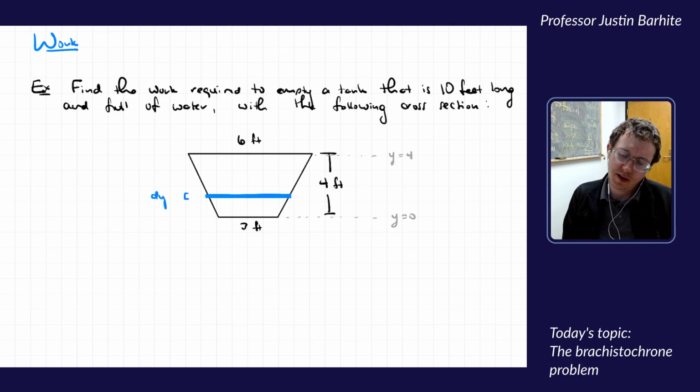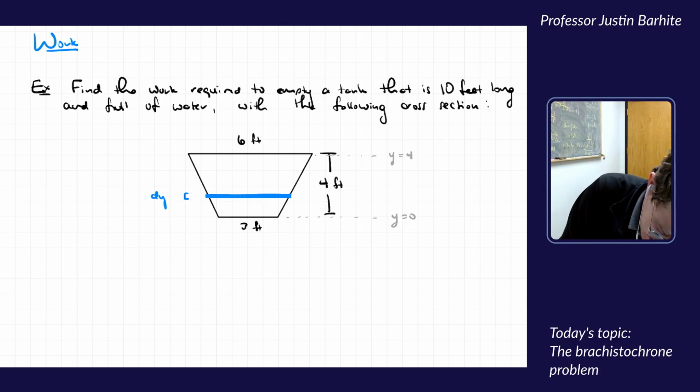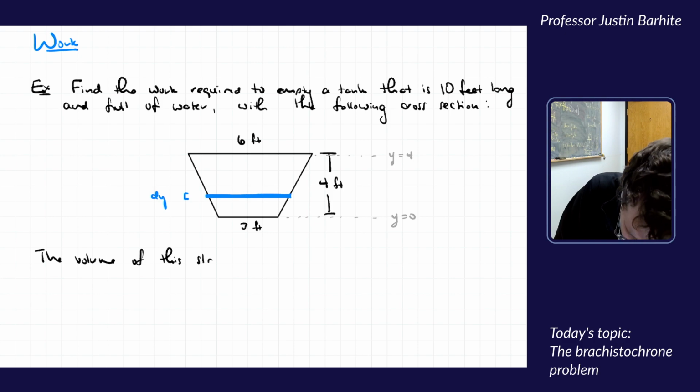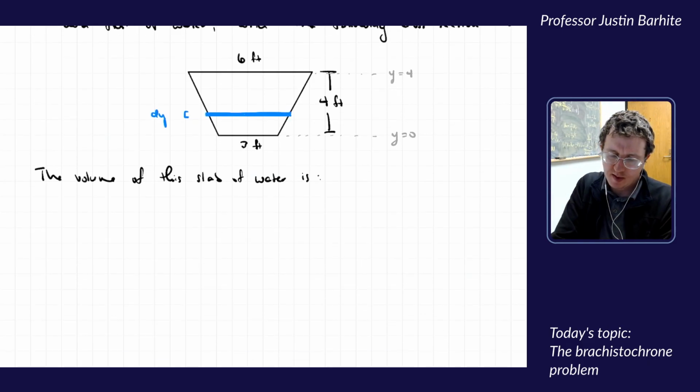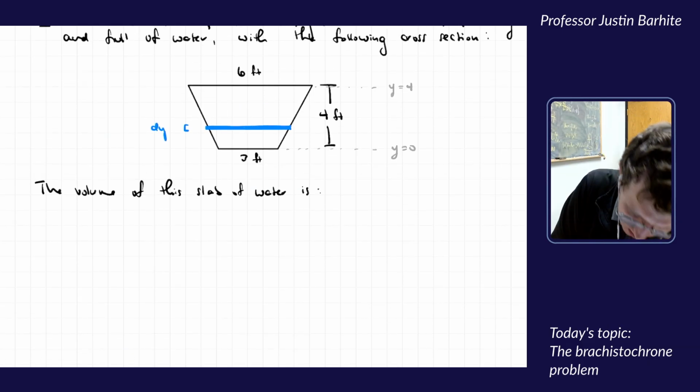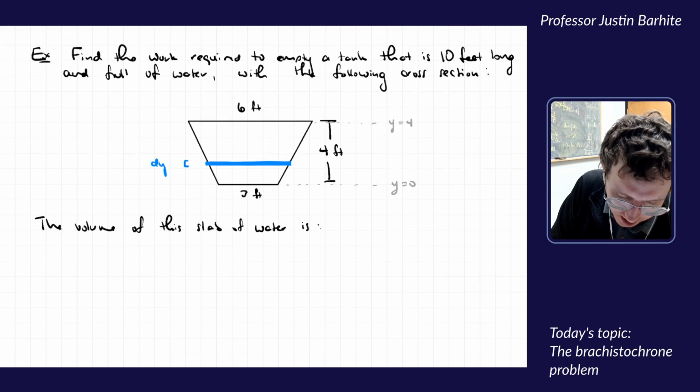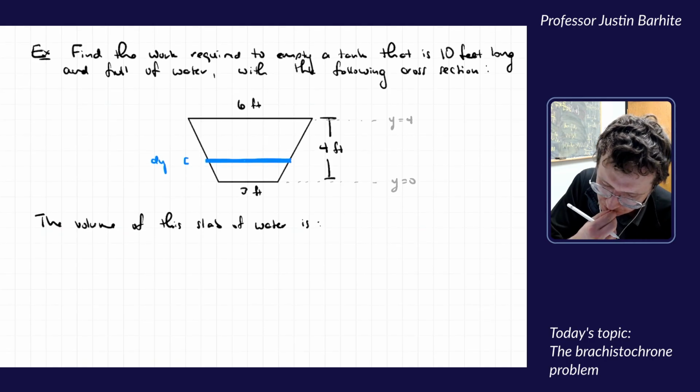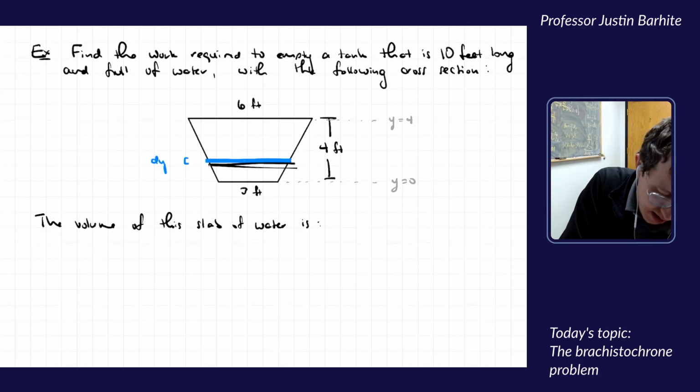And so I need to find the volume of that slab. That's going to be the part that involves the most work. So it's length times width times height. Only one of those is hard, and it's the length here.